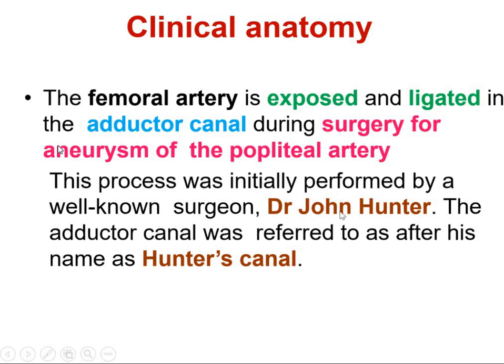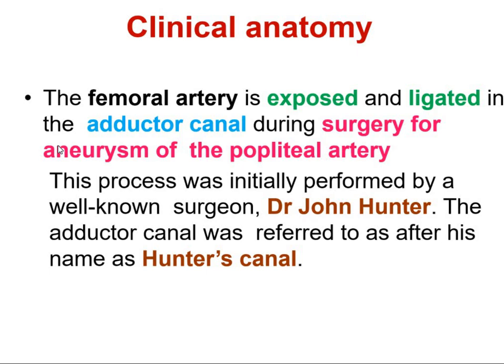Okay. So what did Dr. John Hunter do? He did this operation on aneurysm of popliteal artery by exposing and ligating the femoral artery. That is why we are calling it Hunter's canal. So adductor canal, subsartorial canal and Hunter's canal. Okay. So these are the three common names used for this adductor canal.